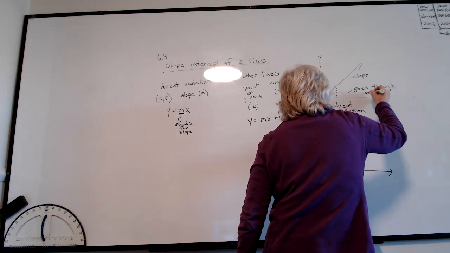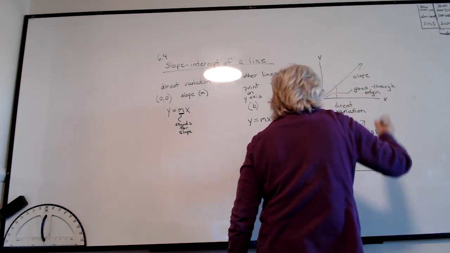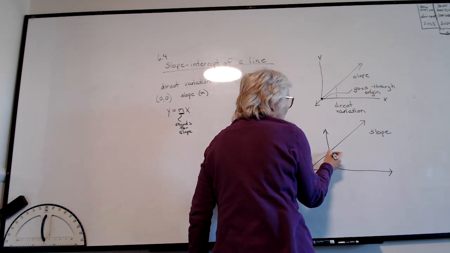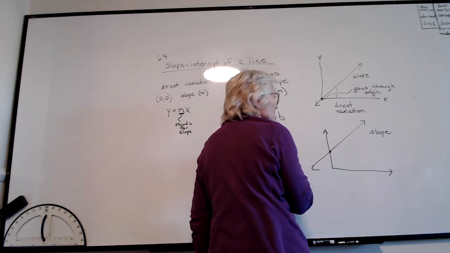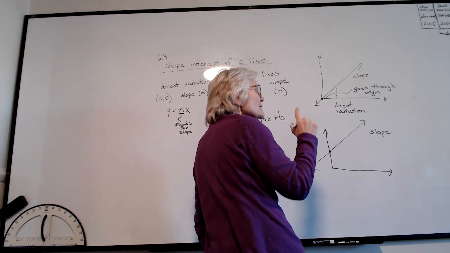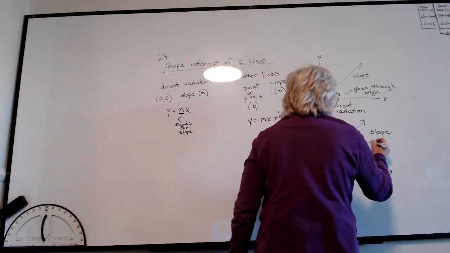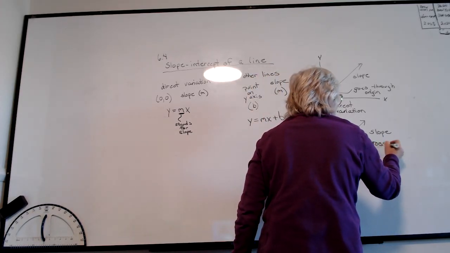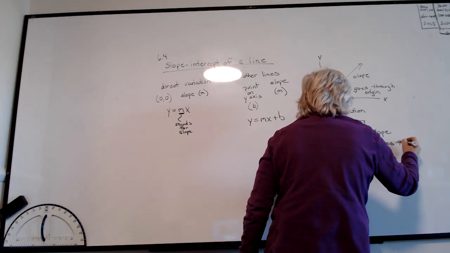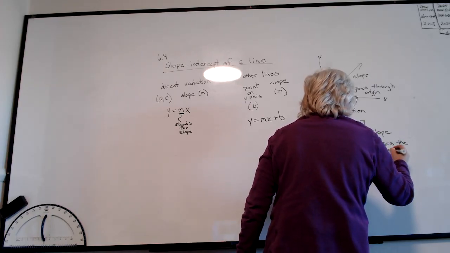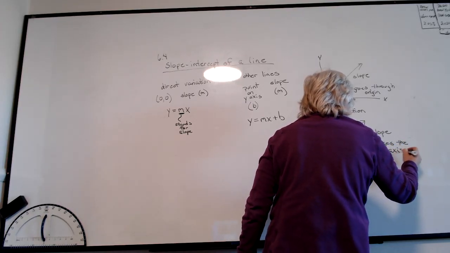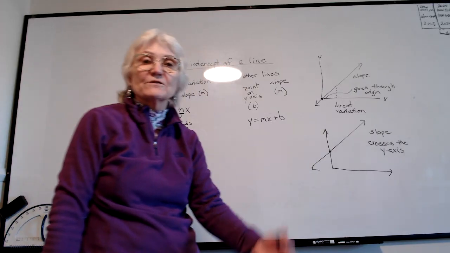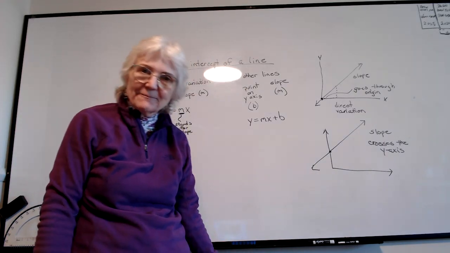This one has a slope. It doesn't go through the origin, but it does cross the y-axis. So any that don't go through the origin always cross the y-axis somewhere.